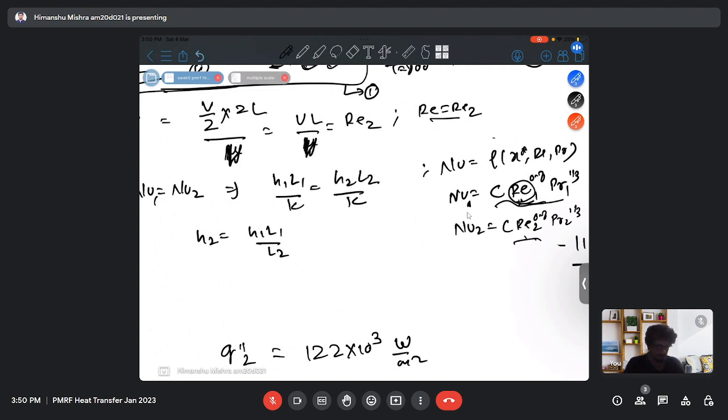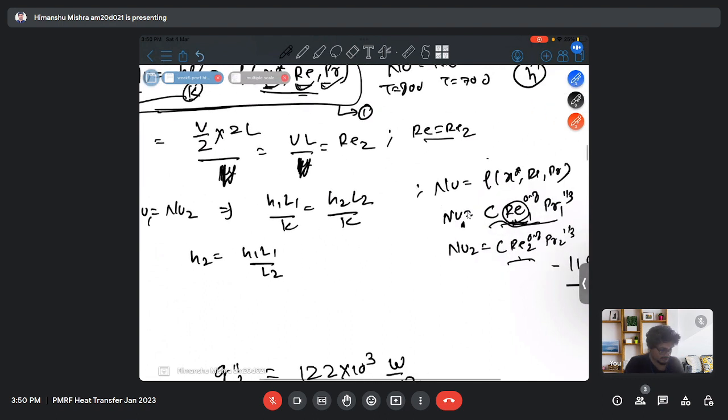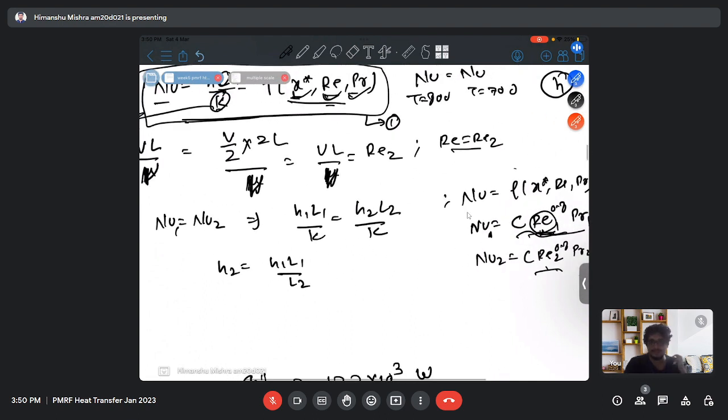So you need to define a Nusselt number in terms of these variables to find the modified Nusselt number. But since the Reynolds number, Prandtl number, and X star are the same, you can just write the Nusselt number in terms of heat transfer coefficient and thermal conductivity, and you can check whether these properties are different or not, because the other properties, Reynolds number and so on, are already the same.